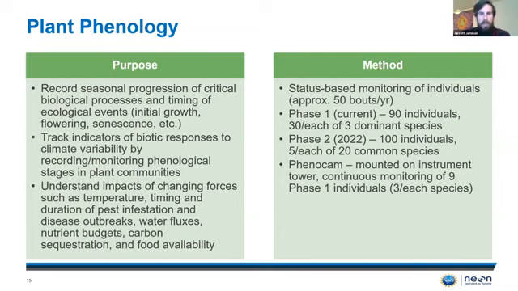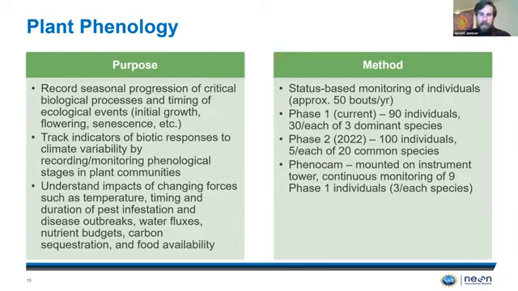In 2022, we will begin phase 2 of plant phenology sampling, so we're establishing the selection of the species and individuals for that phase this year. It will be 100 individuals, 5 of each of 20 common species, and those will include those 3 species we're currently observing in phase 1.